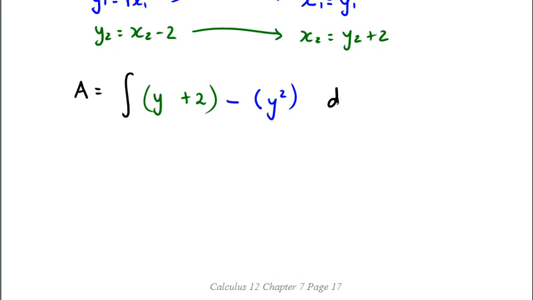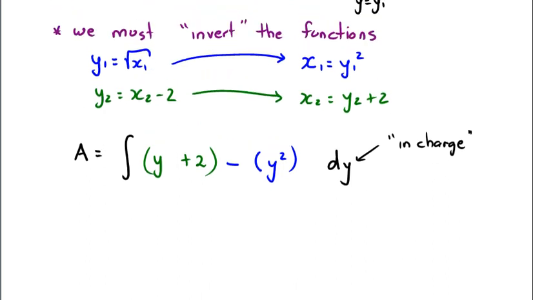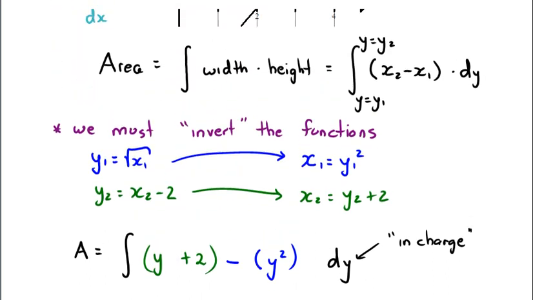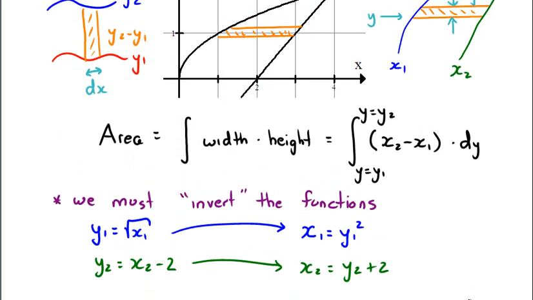All right, and then dy is how tall it is. Oh, look, y is in charge. So we need to go and talk to y about where things begin and where things end. For all these little orange ribbons, where do they first begin and where do they finally end? Now we're going to be working up the page instead of over the page.